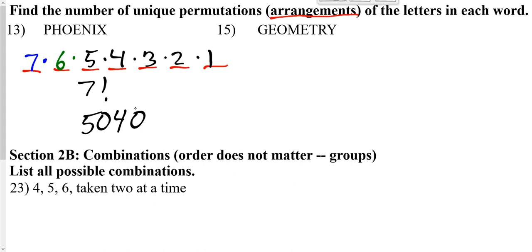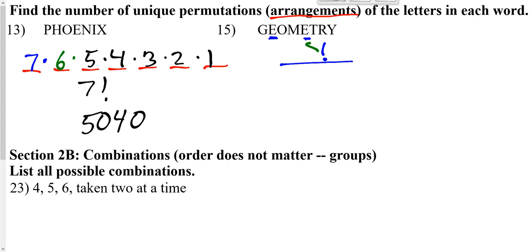Now, that doesn't exactly work for the next one because you'll notice an E shows up here. If I switch the order in the E's, switch the 2 E's around, it doesn't change the word. So this is where you have to use the repeated elements formula. That says you take a look at the number of options you have, which we have a total of 8 letters.